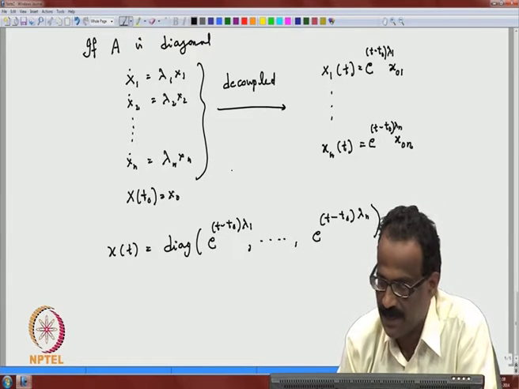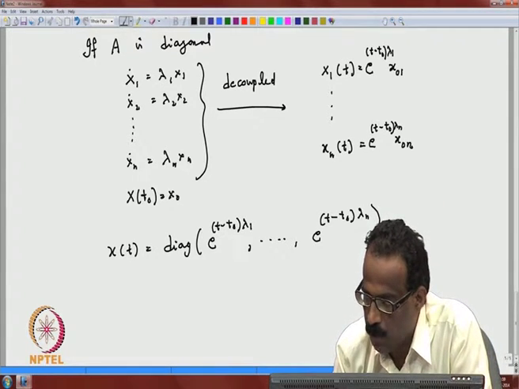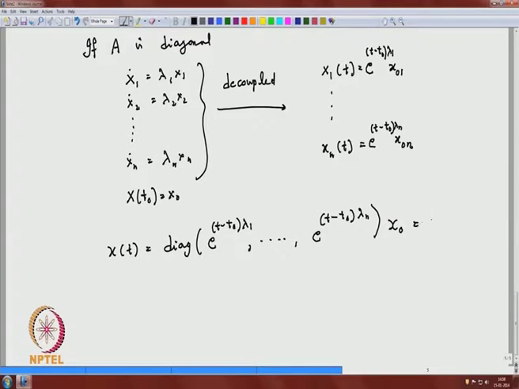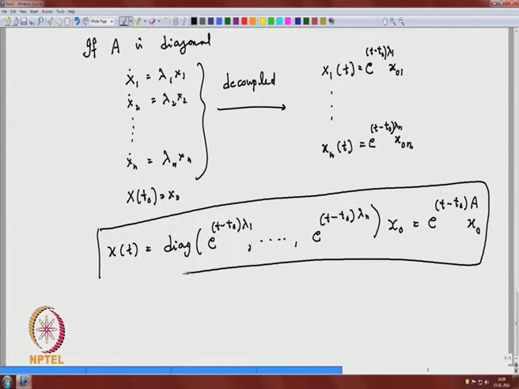This is a matrix, this is your matrix operated on x naught. So, that is nothing but your e power t minus t naught A into x naught, you see. So, you have your solution and you have your complete solution if A is a diagonal matrix.